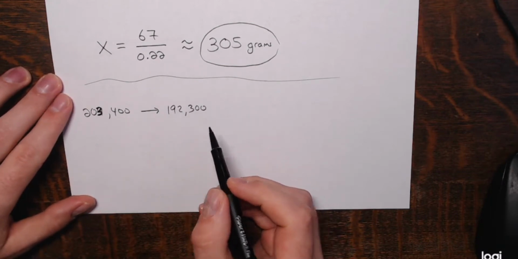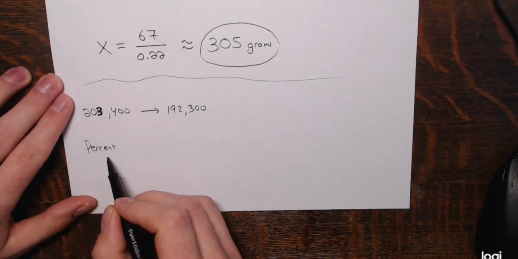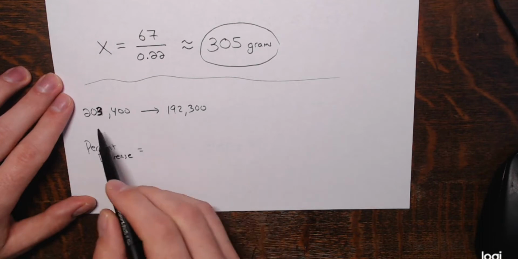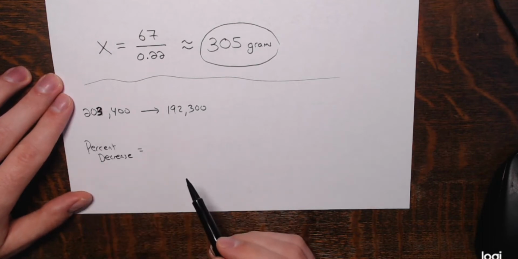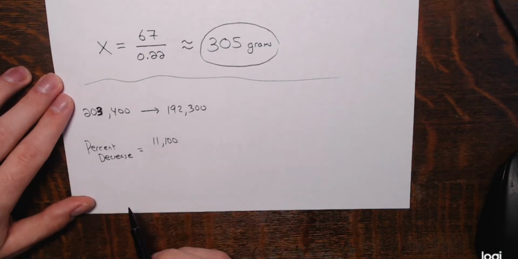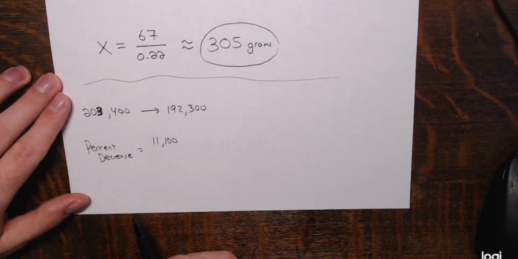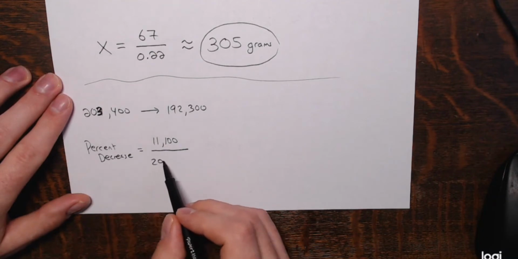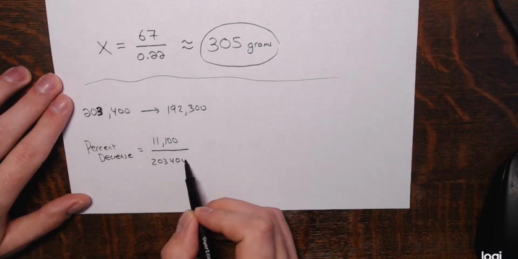The percent decrease from the original amount would be the following. Well, what's the difference here? The difference would be $11,100, if you subtract these, and then divide this by the original amount, $203,400, and change this to a percentage, right?